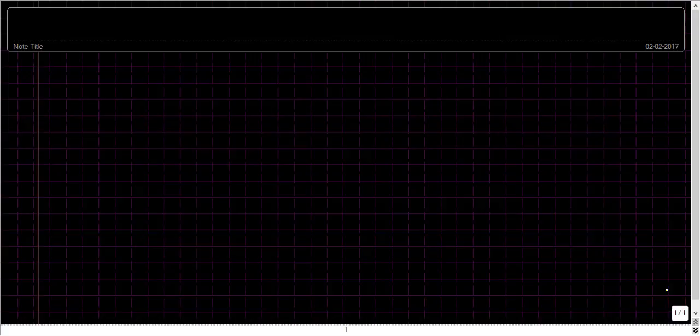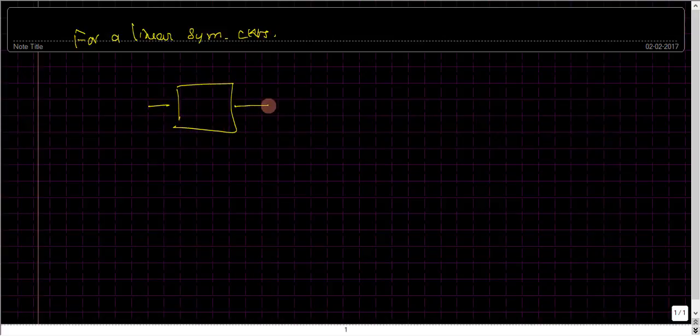We know that for a linear symmetric circuit, the circuit would certainly look like this, where I have two circuits which have some common nodes and some supply.